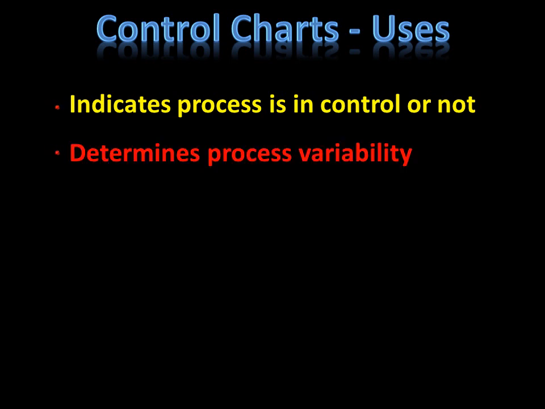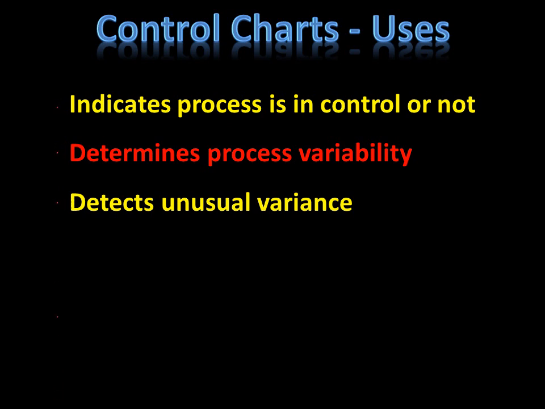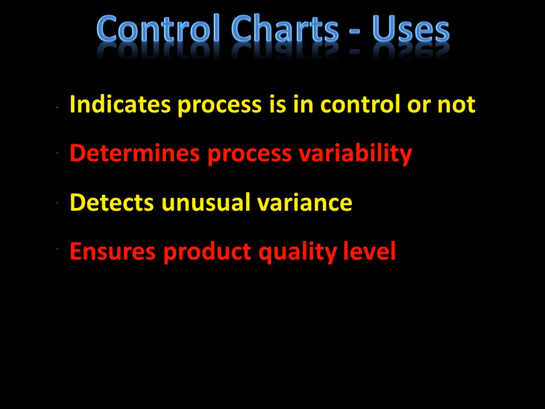Determines process variability. Upper and lower control limits can be used to detect and compare variations from one sample to another. Detects unusual variations. Control lines drawn based on acceptable variations in quality help the inspector to find out unusual variations.